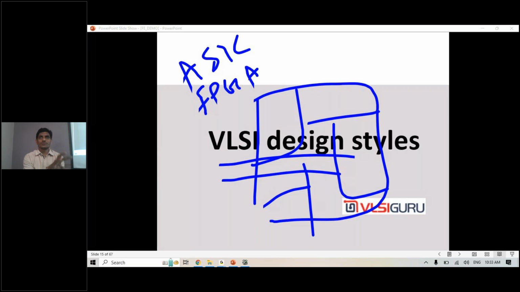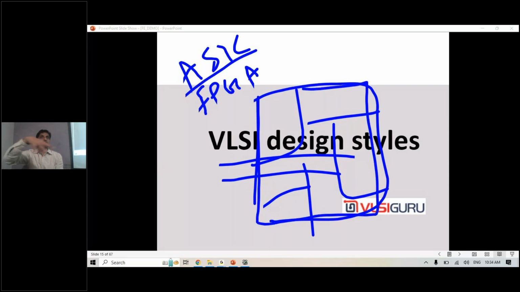ASIC is similar to constructing everything from scratch, the way you put foundation, then you put the pillars, everything, right? That is ASIC. FPGA will be more similar to buying an existing structure, then changing it as per your requirements.